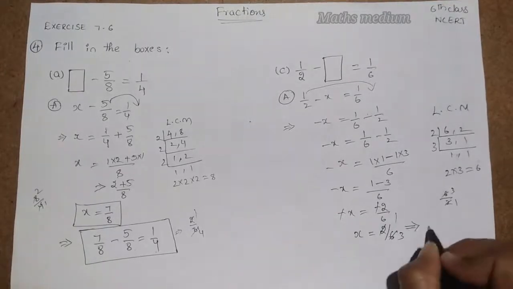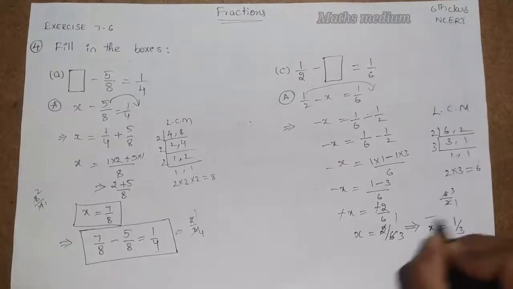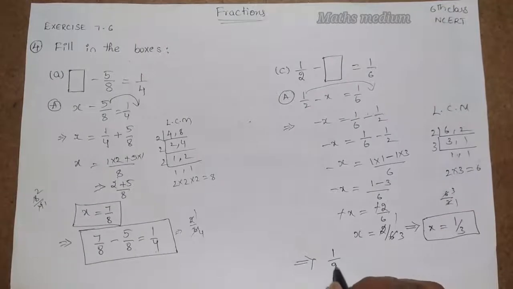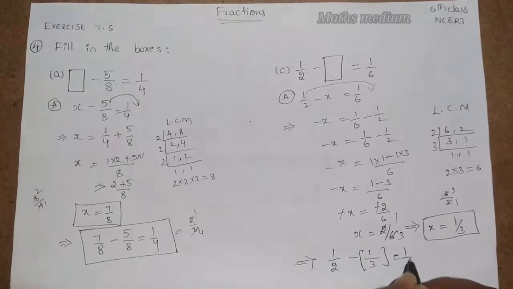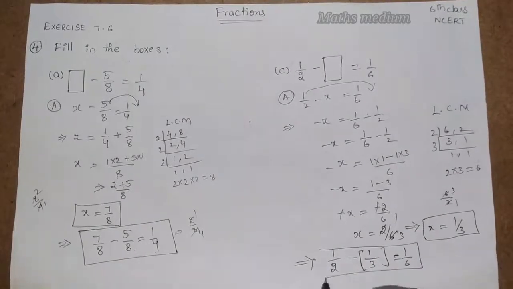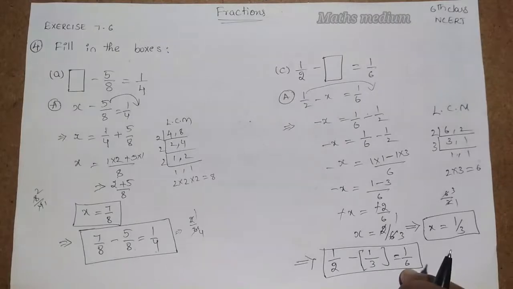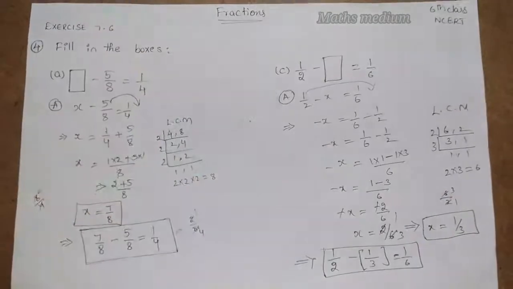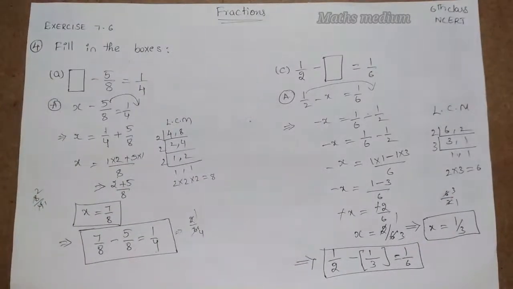So here x equal to 1 by 3. So finally, 1 by 2 minus, in this box, 1 by 3 is equal to 1 by 6. By solving this, we get 1 by 6 as the answer. So this is about filling in the box with the appropriate fraction. I hope you understand about this session.